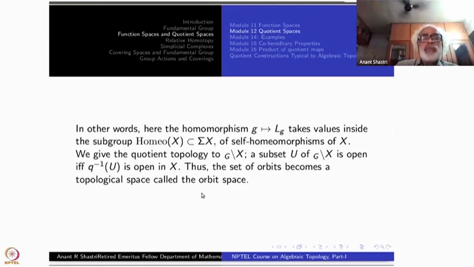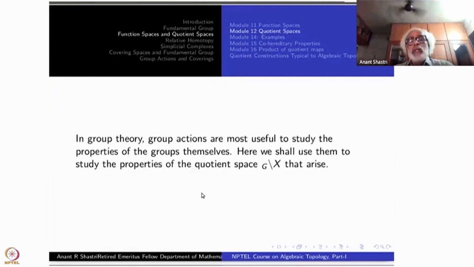It is called the orbit space. In group theory, group actions are most useful to study properties of groups themselves. Here, we shall use them to study properties of the quotient space. Starting with pretending as if we know everything about X, what can you say about X/G? That will depend upon the kind of actions that we have.